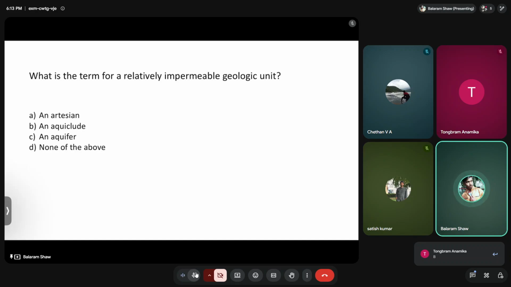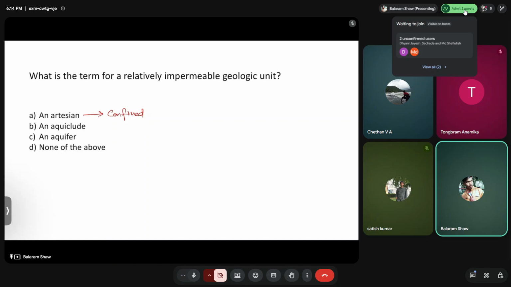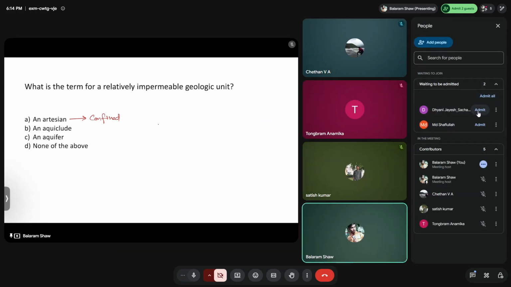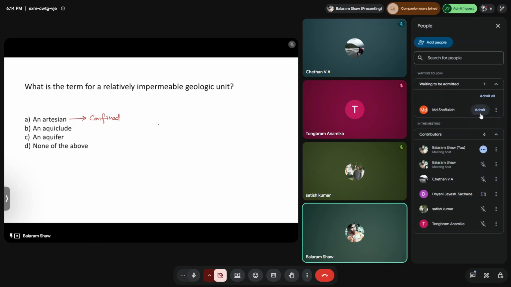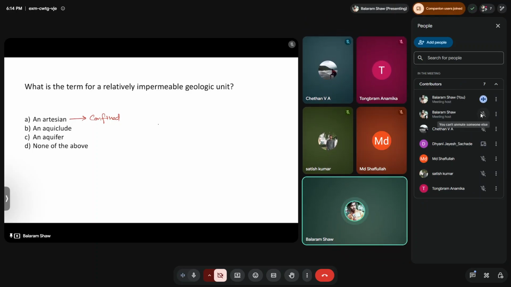B, okay. So we know what artesian is. We have talked about types of aquifers, right? Artesian came from a French word, and this is mostly for the confined aquifers.